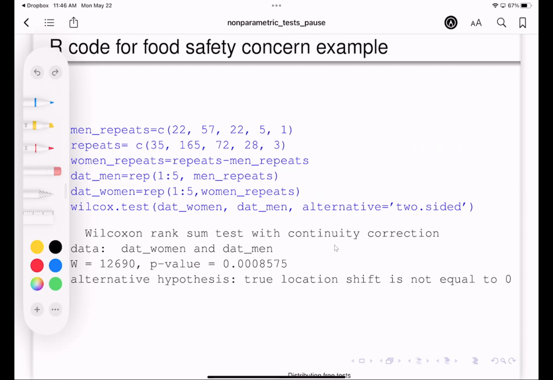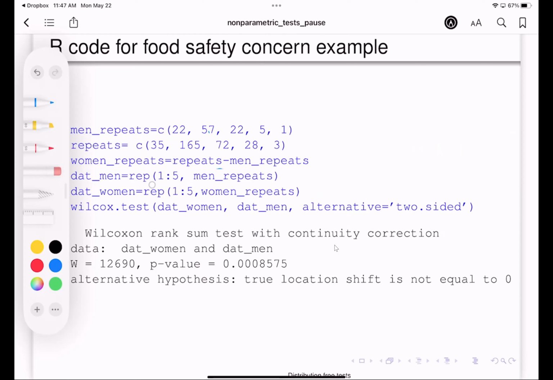And therefore, for women, how many times is 1 observed? That's 35 minus 22. And for 2 it would be 165 minus 57. So if we simply take the difference, the total count minus the men's count, we get the women's count. Then to recreate the original observed data, we simply use the replication command, rep.